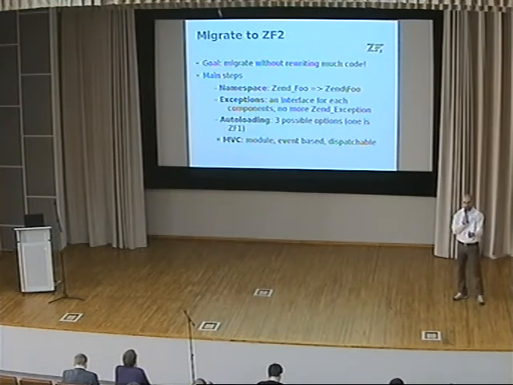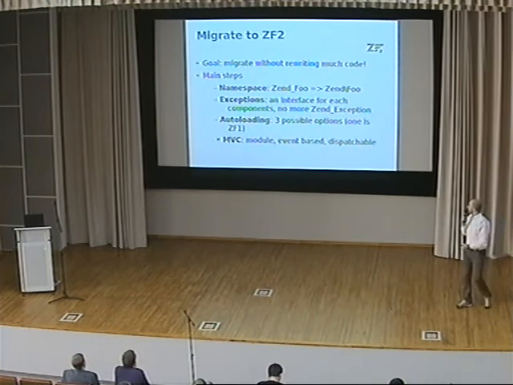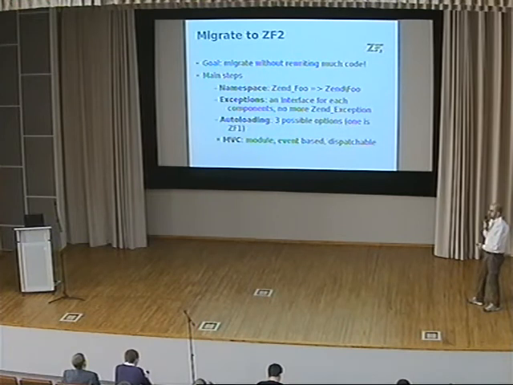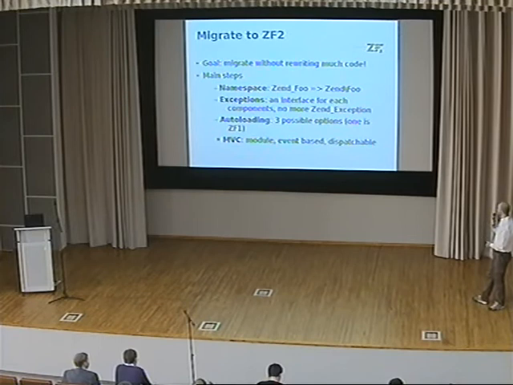We just have interfaces, so it's different. Of course, we have a new autoloading system. You can use the Zend Framework 1 one or even the other two that I showed in the beginning of the presentation. And we have a new MVC. So these are the four main areas where you have to migrate.